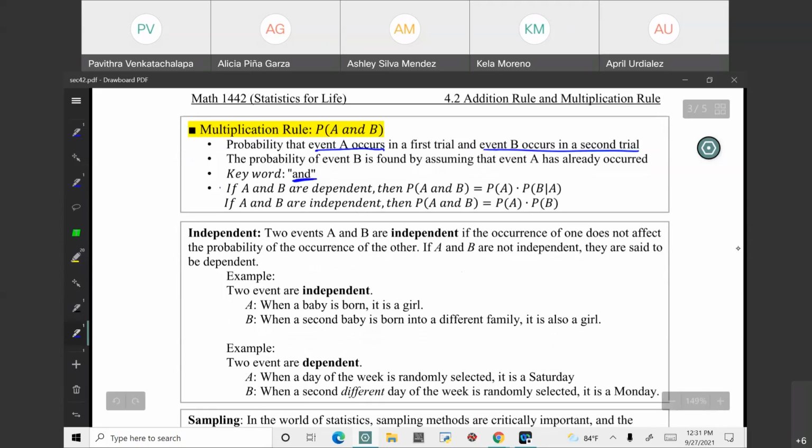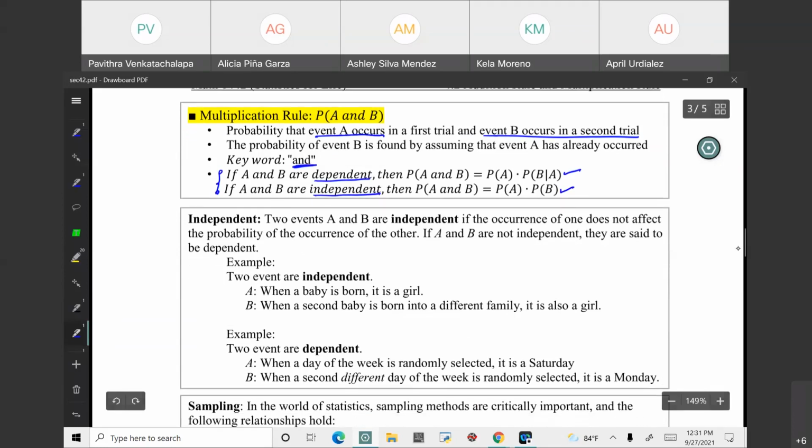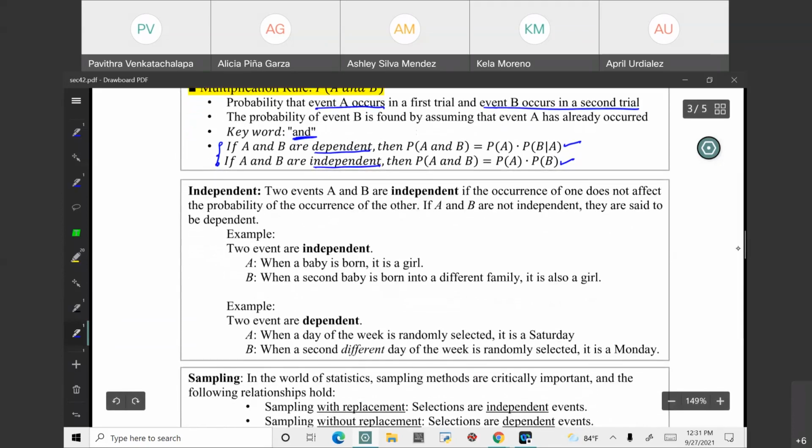Now we have two formulas for this. If A and B, the two events, are dependent, then this is the formula. If they are independent, this will be the formula. Now let us see what is meant by independent and dependent.